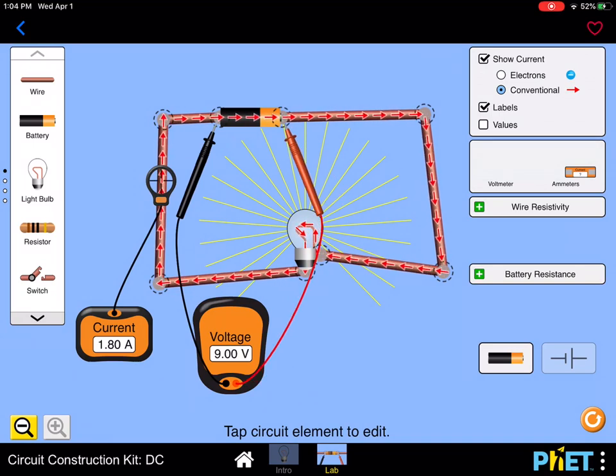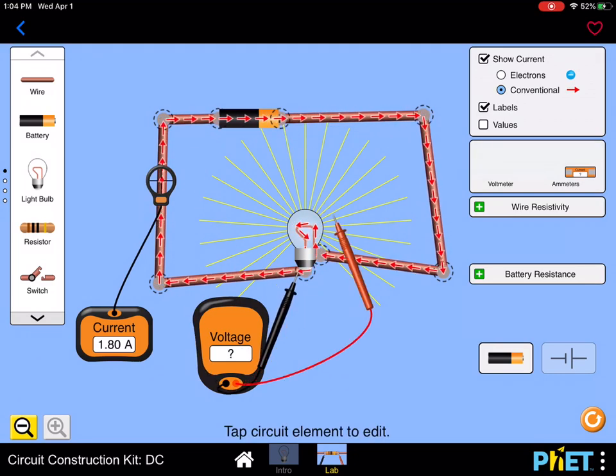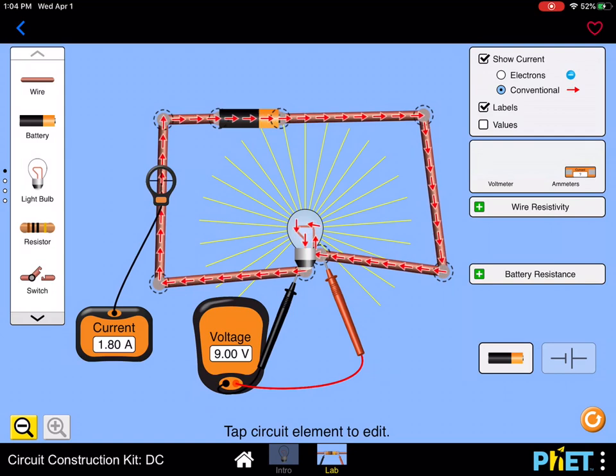So what that means is that the energy is coming out at 9 volts. So it's gaining that energy, and then it's losing that energy when it comes back down across that bulb. This will play out large later on. So whatever your voltage is across your battery, if you have a single bulb, that's going to be the voltage across that bulb as well.